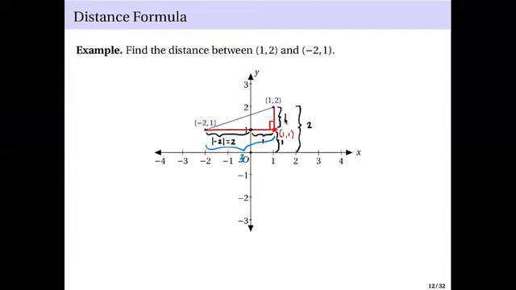Now, how do we get this 1 and 3 using our formula? The distance formula on a straight line: the distance between x1 and x2 is simply the absolute value of x1 minus x2.